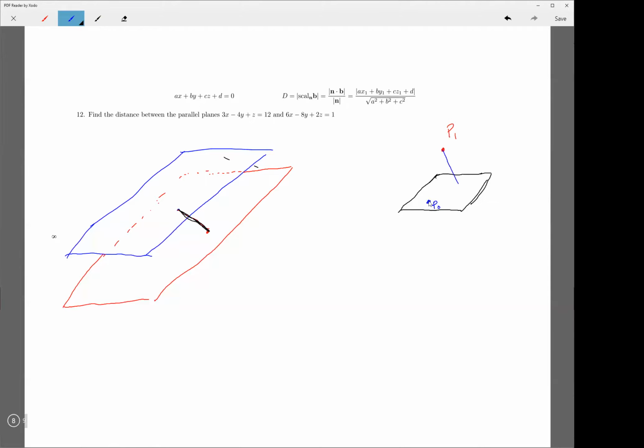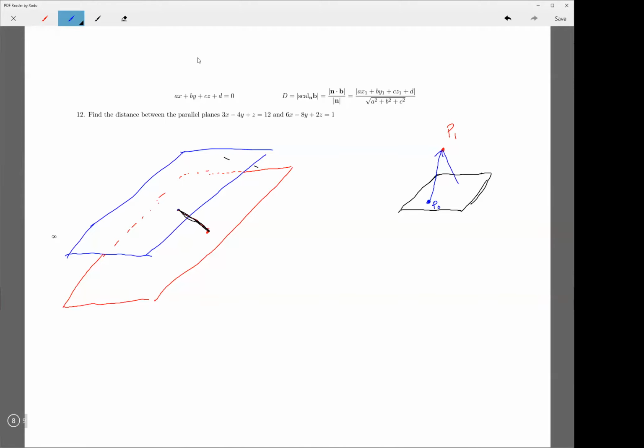But the idea is you're going to choose any point in the plane, and then you're going to consider this vector here, right there. And we're going to look at this vector right there.